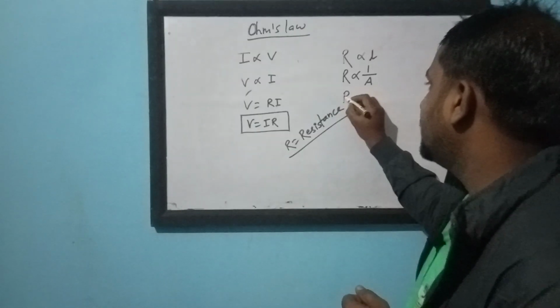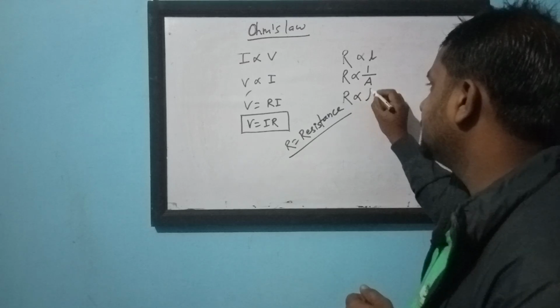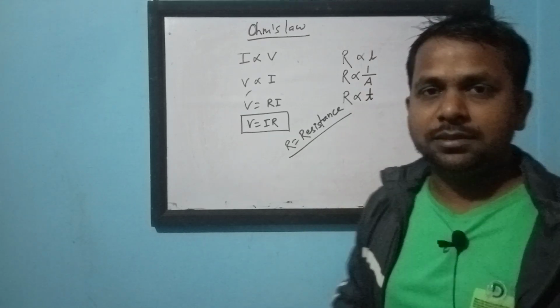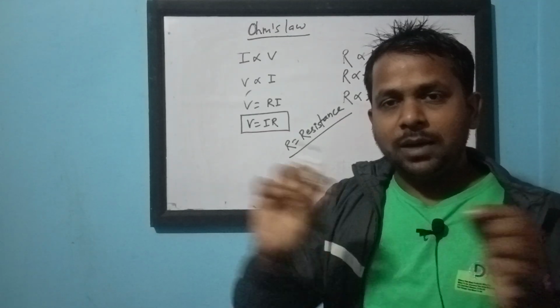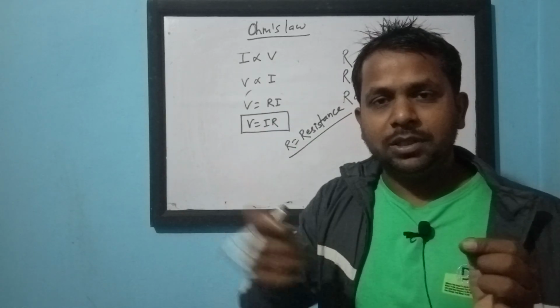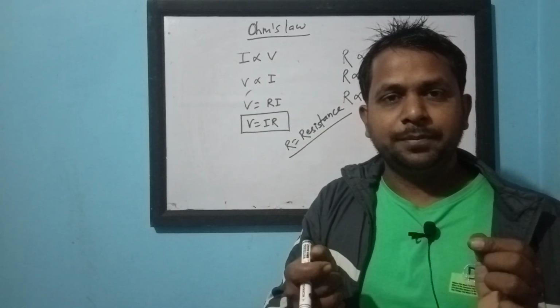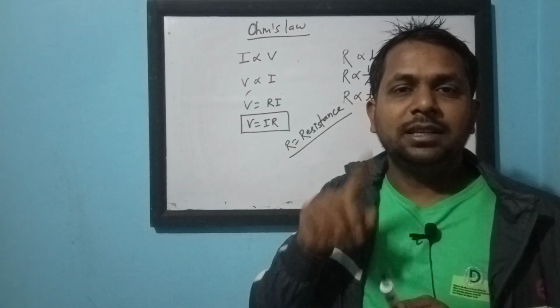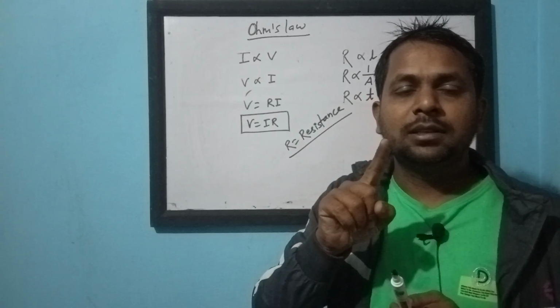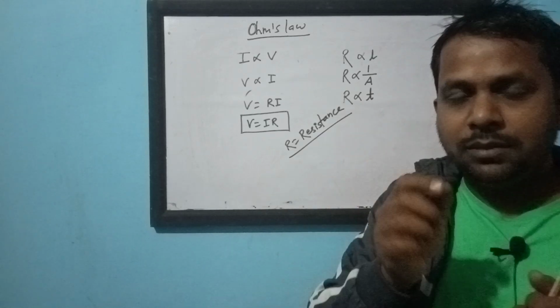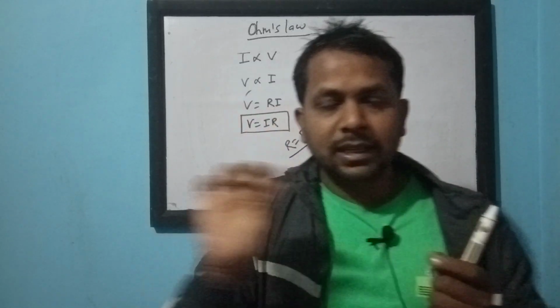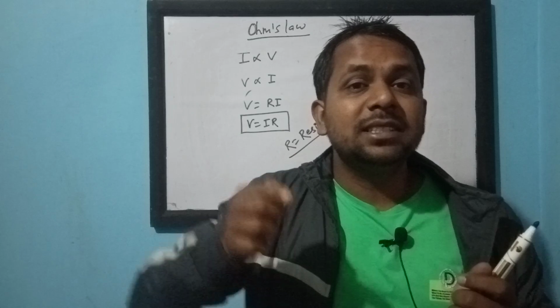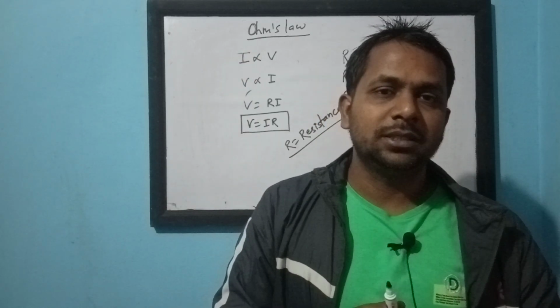Similarly, resistance R is directly proportional to the temperature. In a normal wire, current is flowing nicely, but if we heat that wire, current cannot move easily through it. It means resistance increases with the temperature.